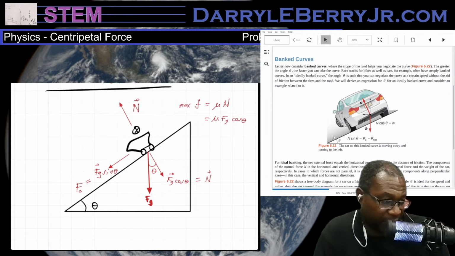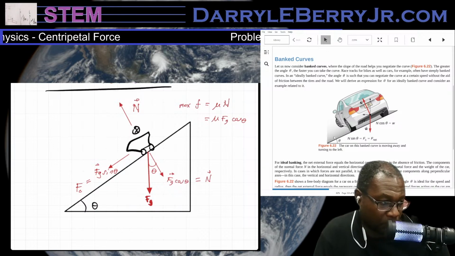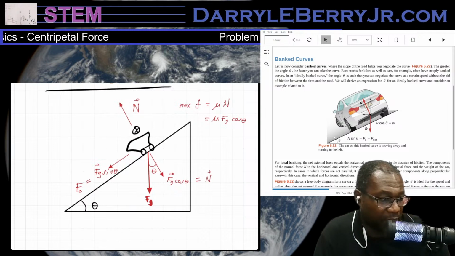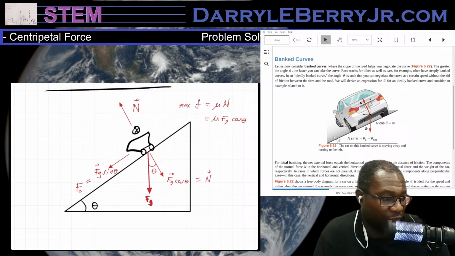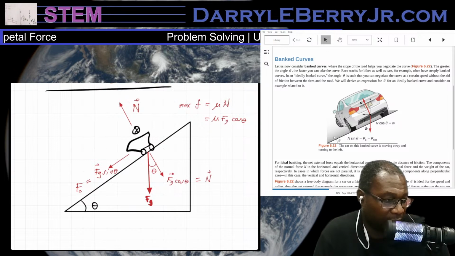See how that equals F net? Oh, I see. It's saying that the speed is such that it is an ideally banked curve, so there's no friction involved. It would just fly away if it wasn't for the force pulling it in.